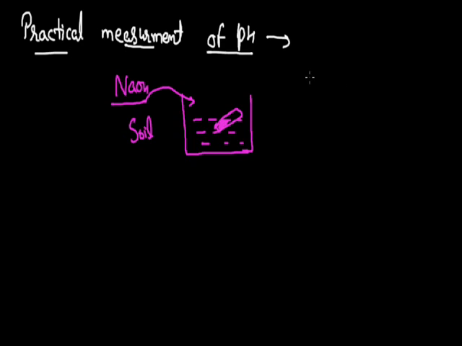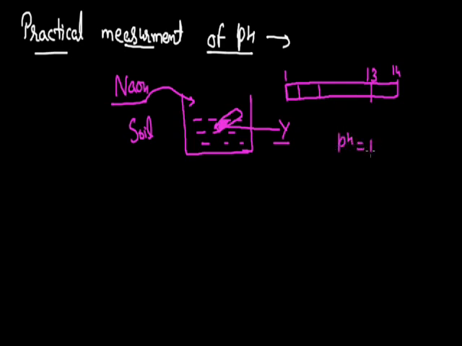Then we match this color with the standard pH paper color chart, which has values written from 1 to 14, with a specific color for each value. For example, if I get the color yellow, and the value written against yellow is 13, this indicates that the pH of this solution is 13.